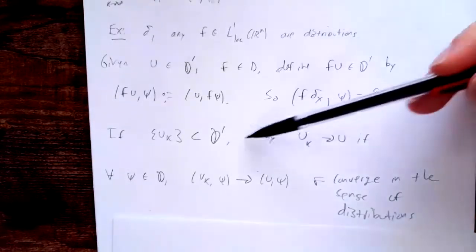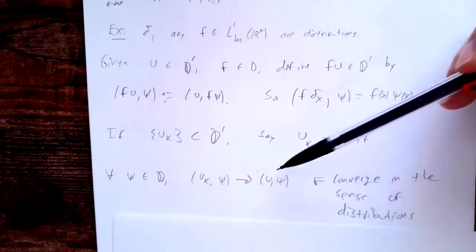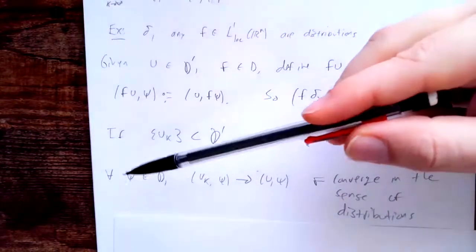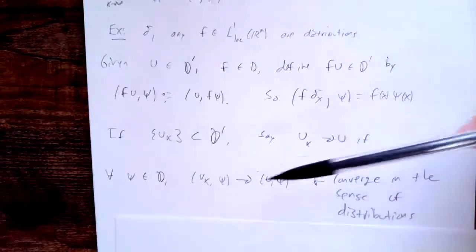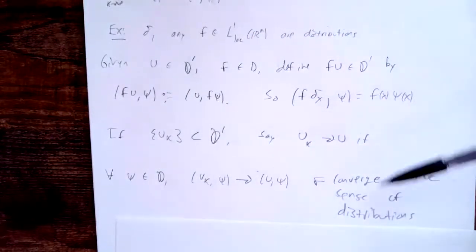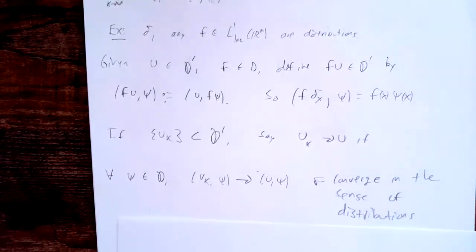So if this sequence of real numbers converges for every single test function, no matter what, then I say that the U_k converge to U in the sense of distributions. So that's what it means for a sequence of distributions to converge to a limit.